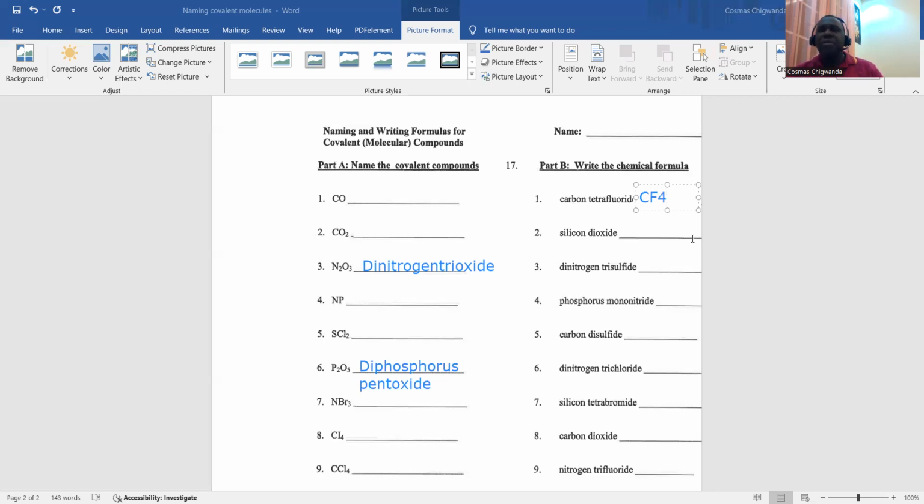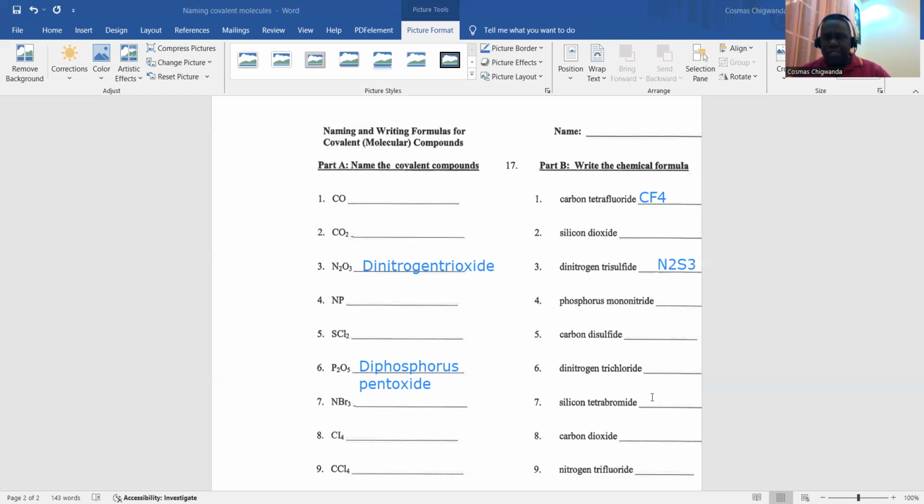So it will be CF4. Dinitrogen trisulfide. So we say N, dinitrogen means 2, trisulfide means it's S and then a 3. That's N2S3. Please take note that when you are writing, these numbers are supposed to be down. That's how you write the correct formula.